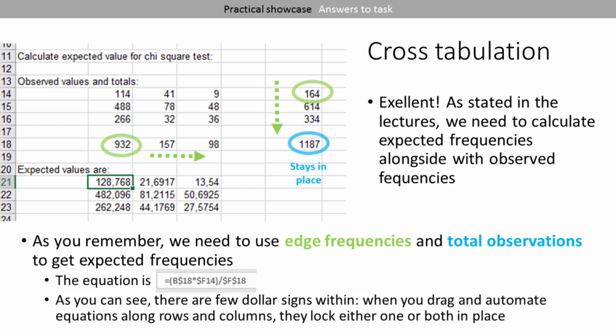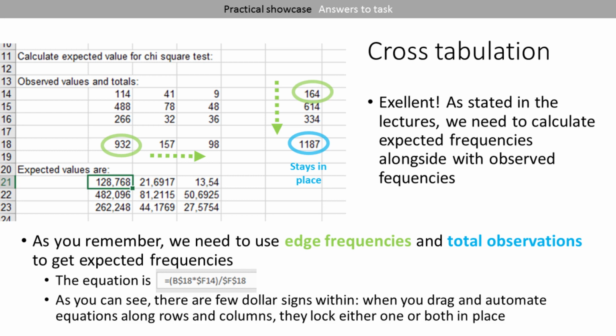So if we select these edge rows and the total observations, they are going to move to empty cells, and we don't want that. So we use dollar signs, for example, in front of a number, then the row is locked. It only stays on the designated row. And if the dollar sign is in front of the letter, it means it only stays on a certain column. So as we play around, if we just want to use rows or columns, we can lock them in.